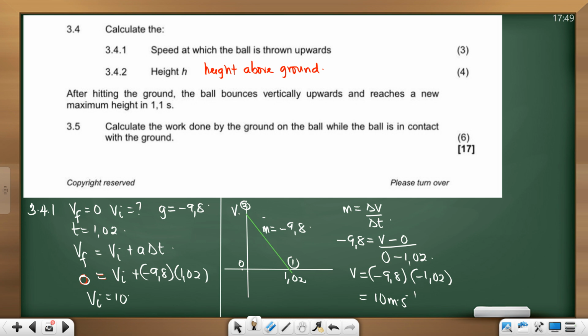How are we going to get that? First is to think of the formula. The work done formula. What would that be? Now, the ground, this is what I will do. The ground is actually applying a force, right?